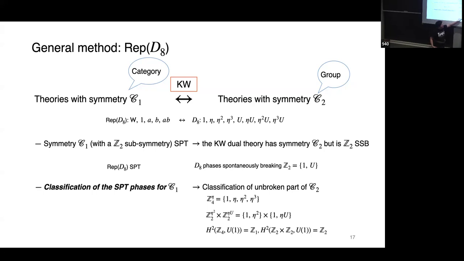For the second case, there is a Z2 classification, meaning that there are two phases. Therefore, by using the dualities, we can see that the classification of Rep(D8) SPTs is given by Z1 direct sum Z2. And this reproduces the mathematical result also in Sutton's papers.